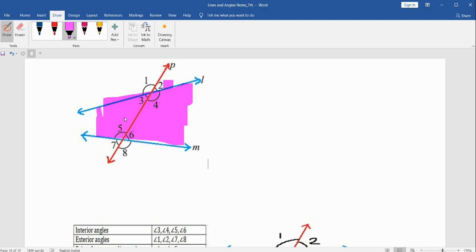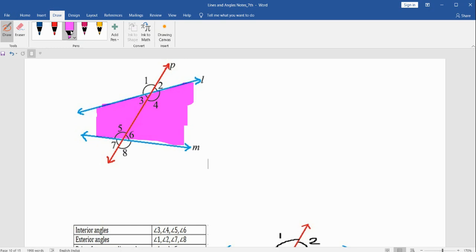This is called your internal part. Let me erase this. All right, so can you see this is your internal part?